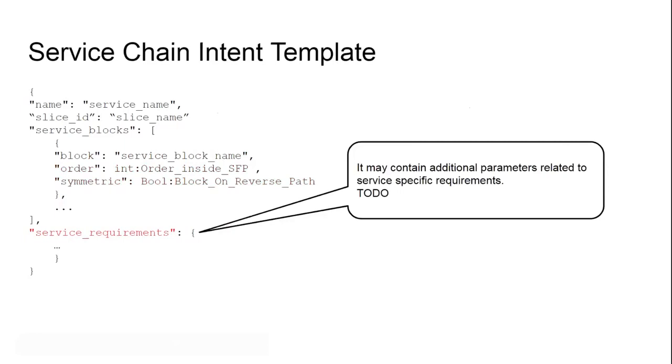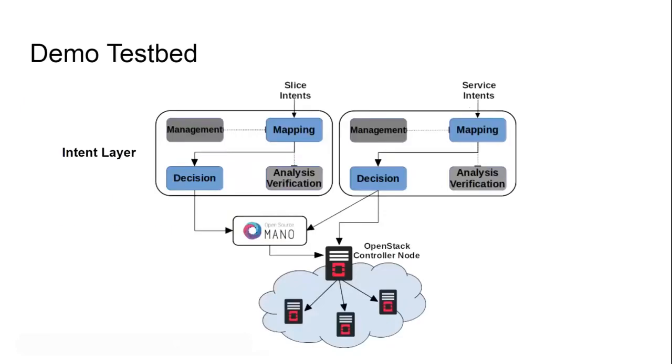The idea is to insert there all the parameters related to, for example, the quality of service required or particular network requirements of that particular service. And so this was, very briefly, the presentation of our service intent.